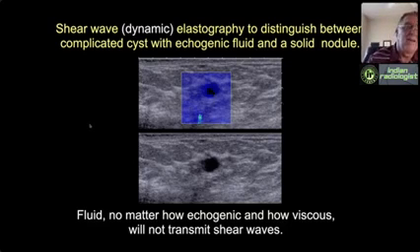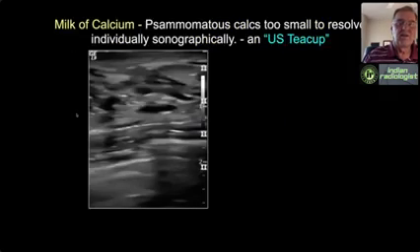So the other caveat I would give you is that neither shear wave nor strain elastography seems to work very well with cysts smaller than a centimeter. And in many cases, our dilemma is that we're trying to solve this problem in smaller than 1 centimeter cysts. So there are some limitations to shear wave.